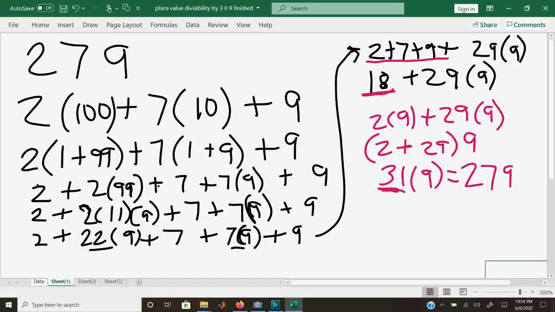I know everything else is going to be divisible by 9. So when I'm checking to see if it's divisible by 9, I add up all the digits, ignoring the place value. So I just do 2 plus 7 plus 9 equals 18. I know it's divisible by 9.